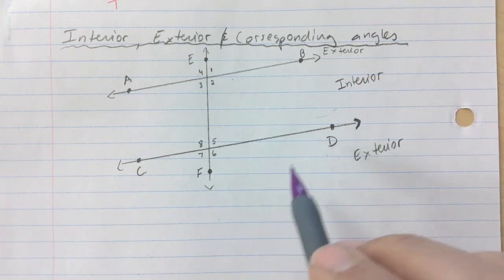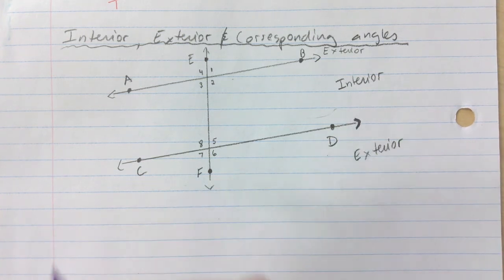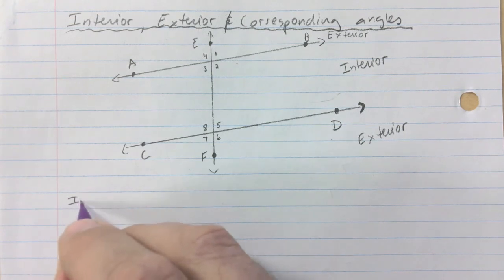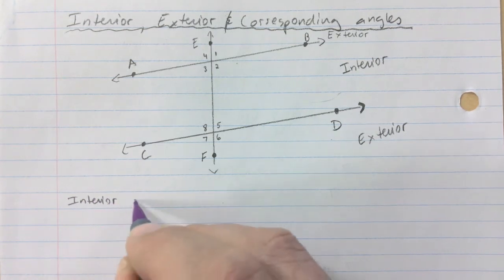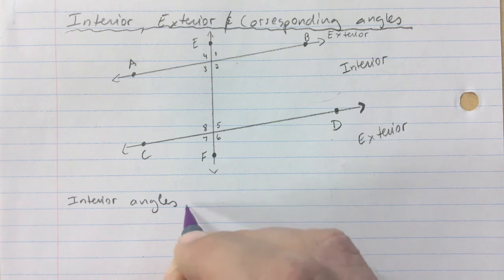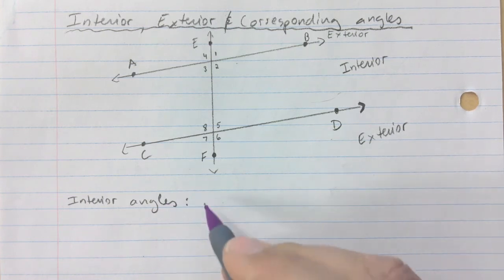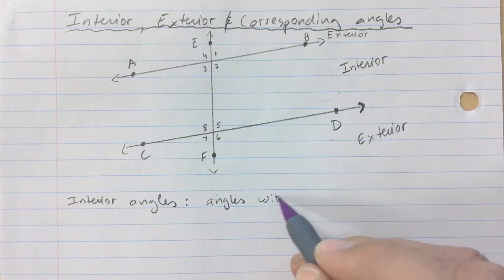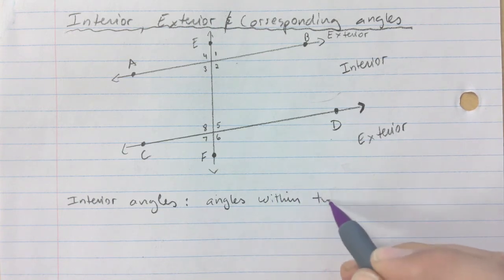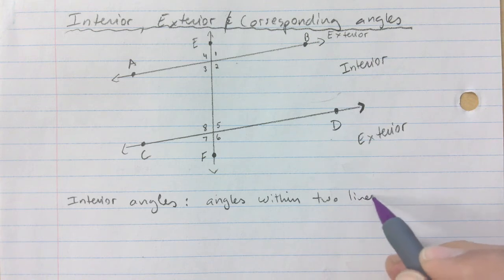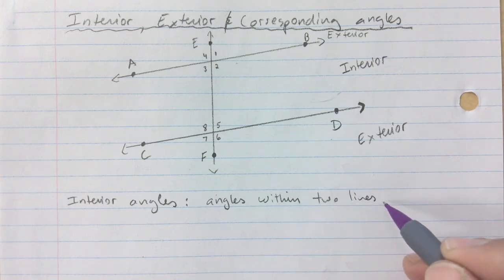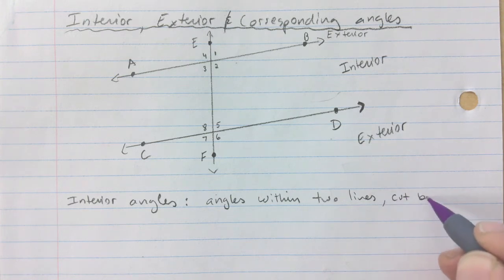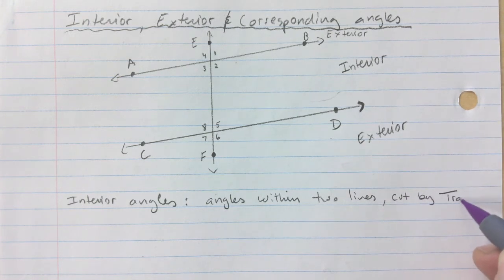Now, we're going to actually label our angles here. So interior angles: angles within two lines cut by transversal.